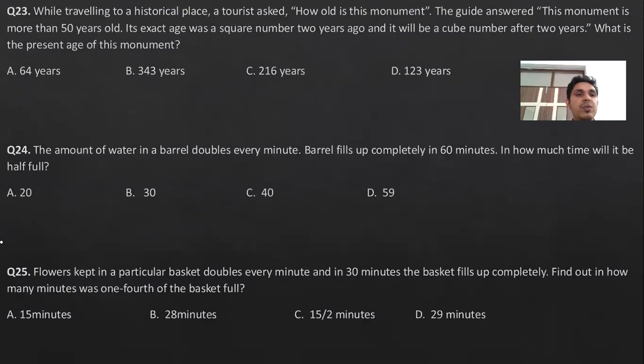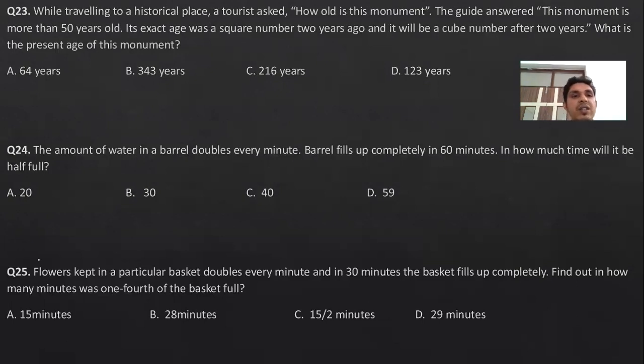Okay, coming to the next question. The question is: while traveling to a historical place, a tourist asked, how old is this monument? The guide answered, the monument is more than 50 years old. Its exact age is a square number 2 years ago, and will be a cube number after 2 years.